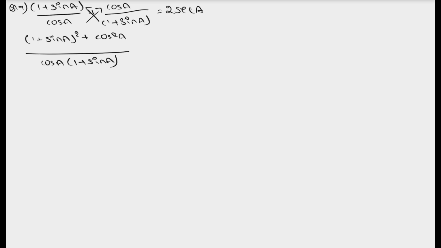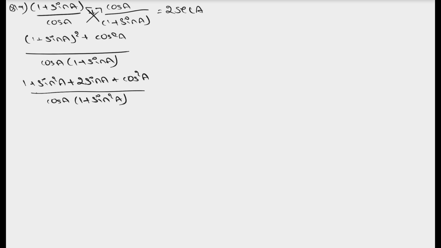Now expand this numerator in the form of A plus B whole square. We'll get A square plus B square plus 2AB, that is 1 plus sin square A plus 2 times sin A plus cos square A, and the denominator remains the same for now, cos A into 1 plus sin A. And we have our identity, sin square plus cos square is equal to 1.